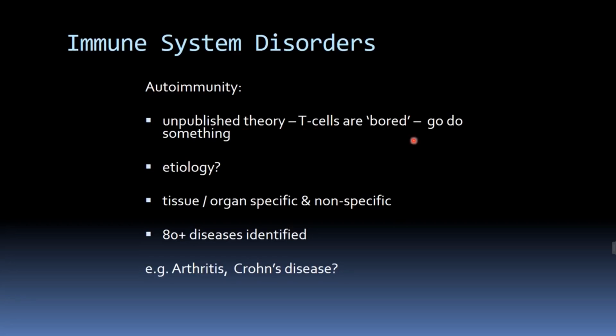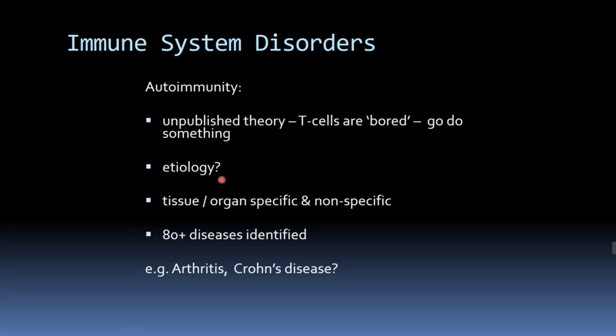So T cells are bored. They have to go do something. And this does show me that it's still a field in its infancy. There are many, many theories as to autoimmunity. We just touched briefly on how T cells, when they're educated, if they bind too tight and do survive, could lead to autoimmunity.